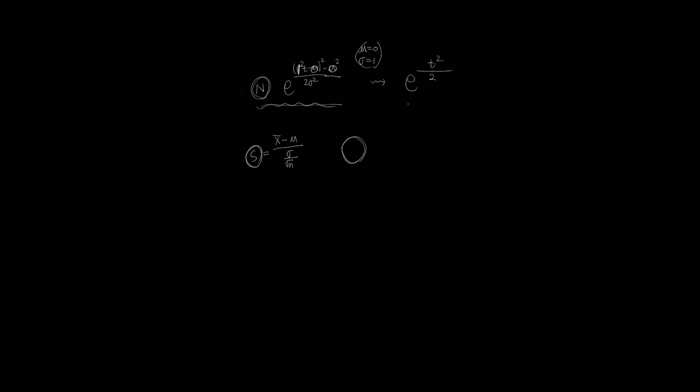So it would be like this. If we calculate the MGF of S here and compare its result with the MGF of the standard normal distribution, then we can get to the conclusion that the central limit theorem worked.